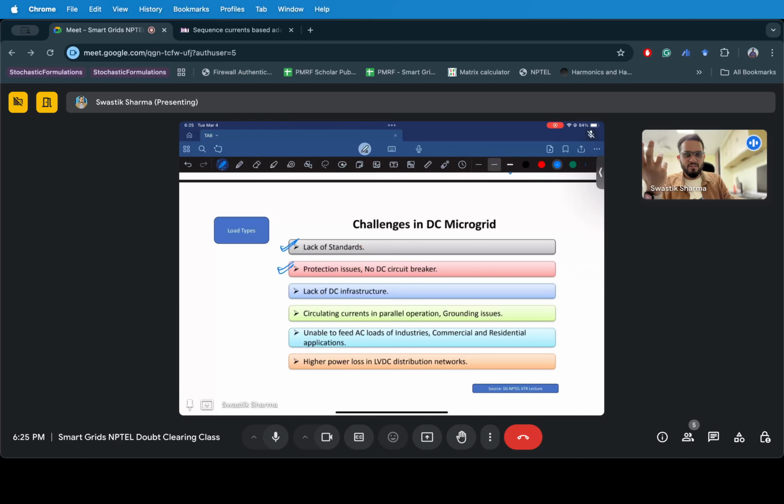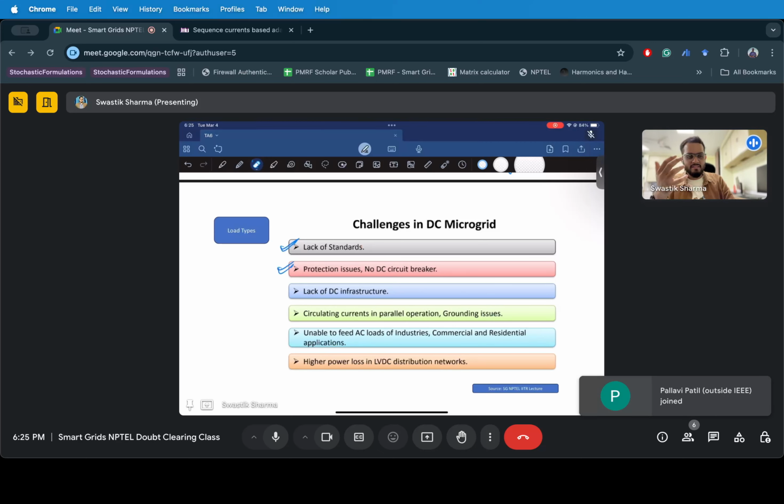What you have is fuses. Then sir has shown in his slides different kinds of breakers used, right? So the DC circuit breaker is not used. What they do is convert it into an equivalent form so that it can be interrupted.